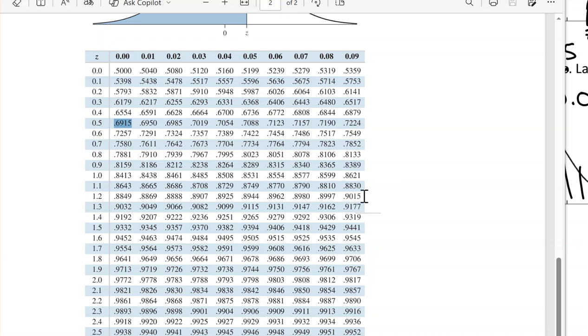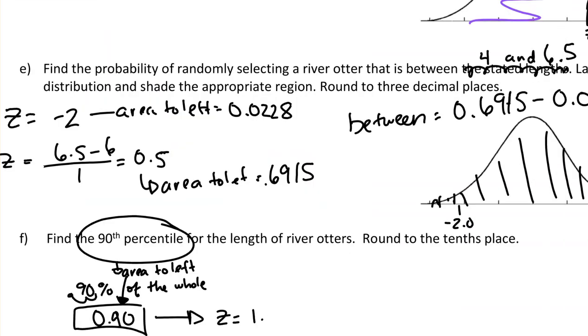The 0.915 is actually farther away from 0.90 than the 0.8997. This value is very close to 0.90 on the dot. This one is farther away as a distance. So we're going to go with this number. Again, I apologize for the error. But now that we've corrected it, that's going with 1.2 and a 0.08. So that's a 1.28. So that'll be a z-score of 1.28.